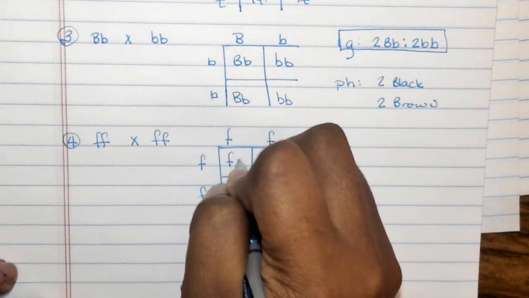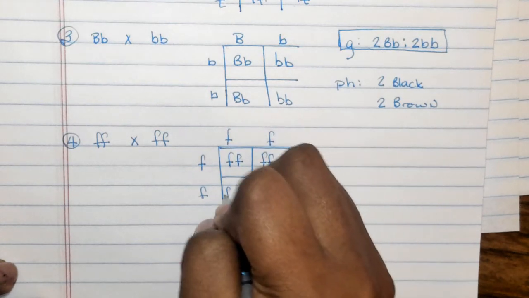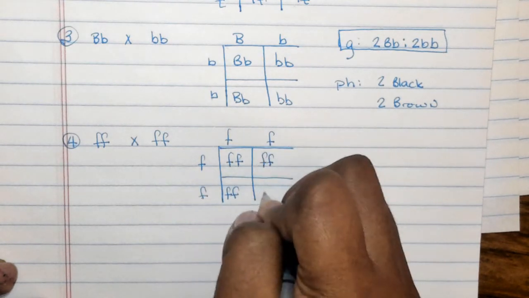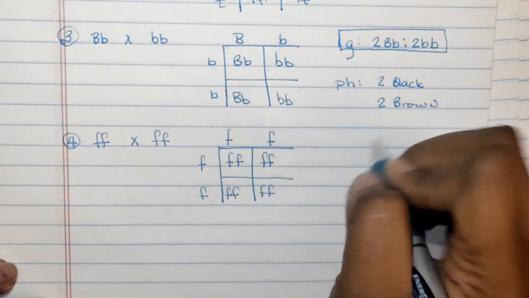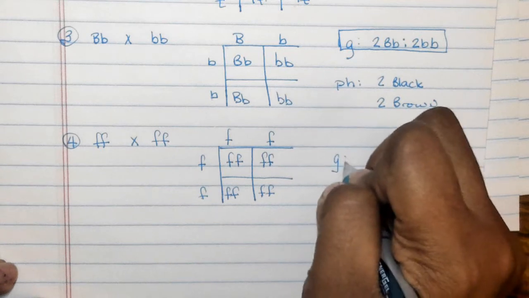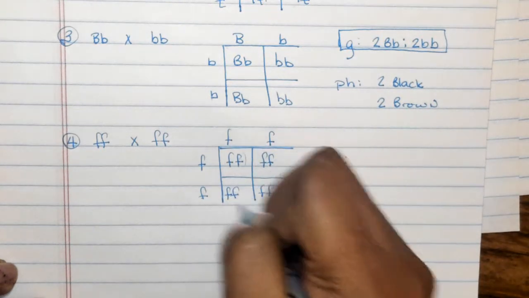Okay, crossing them. Here's the first offspring, second, third, fourth. Now they're all the same, so the genotype ratio for each one of them is going to be the same.